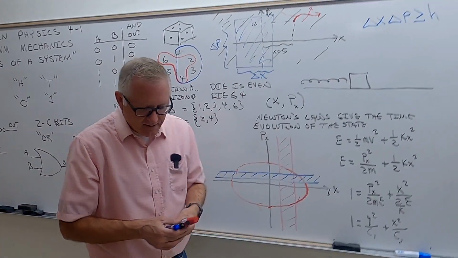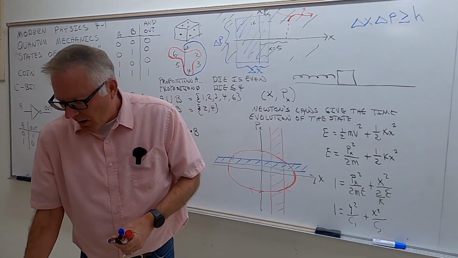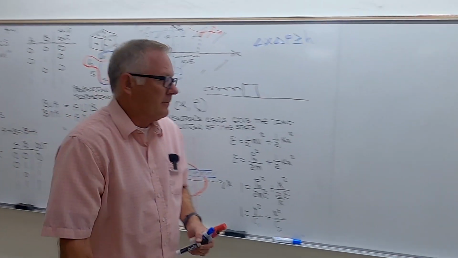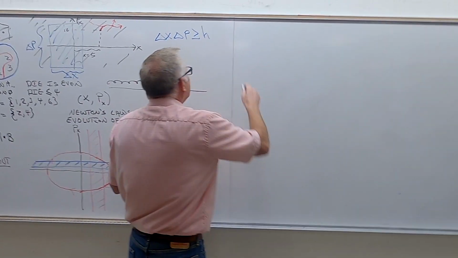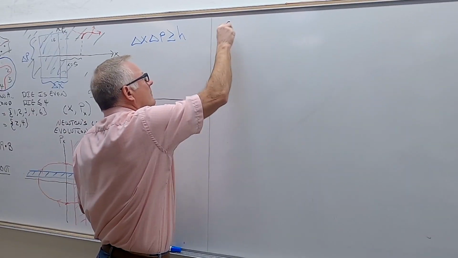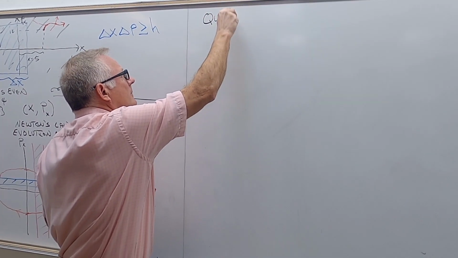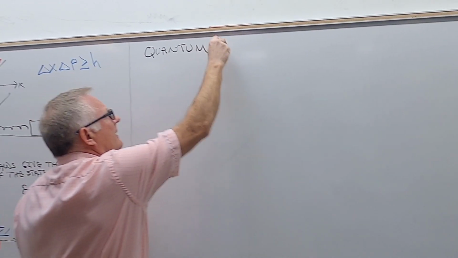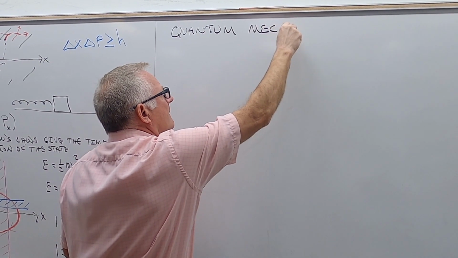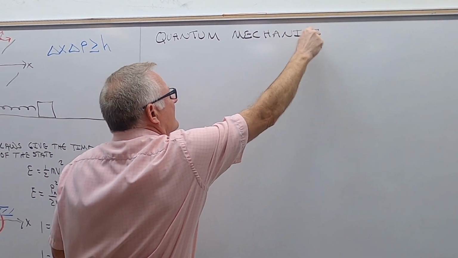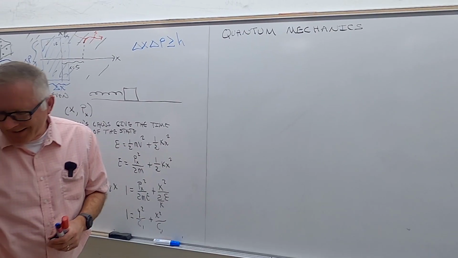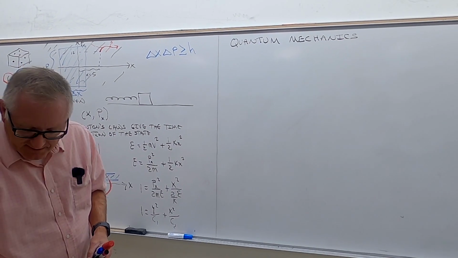Okay, so now we want to go to quantum mechanics and say, what are the states of a system? Okay, so the states of a system, I want to get this down right here.